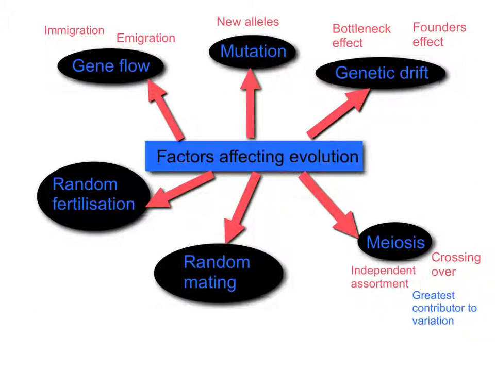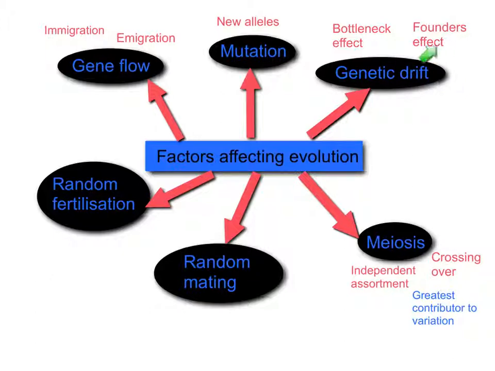The individuals that are left may not be genetically representative of the original population, and therefore when they repopulate that population and they breed with each other and the numbers increase again, it means that you may end up with a different allele profile as it was compared to the beginning. So it means that you've got this random change in the allele frequency due to these kind of random events that have occurred.